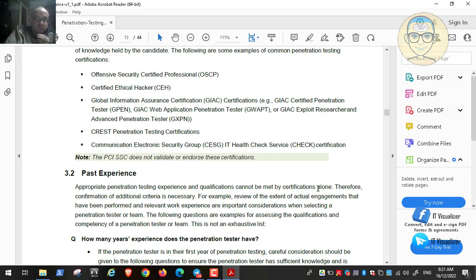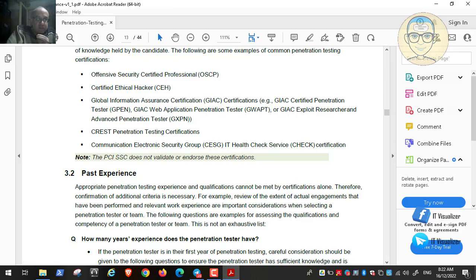So certification is not the only criterion that you will use to hire a penetration tester; experience should also be a criterion. Therefore, confirmation of additional criteria is necessary. For example, a review of the actual engagements that have been performed and relevant work experience are important considerations when selecting a penetration tester or a team.